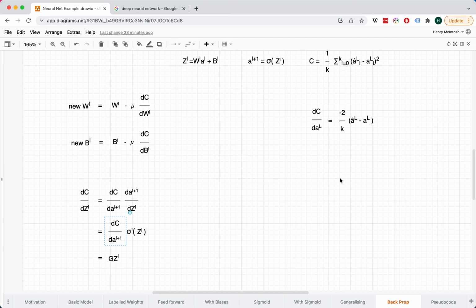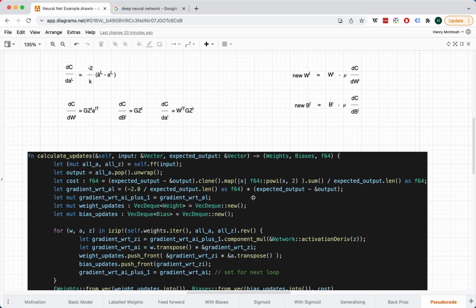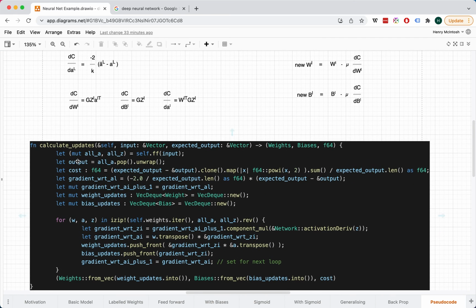Okay, so we've got all of that, and now I want to show you what this looks like in pseudocode. Well, it's not really pseudocode because this is actual working Rust code that I've got, but anyway, so when we calculate the updates here, we can see that we're going to get all of our activations, all of our z values from when we feed our thing forward, so we have all those numbers to work with.